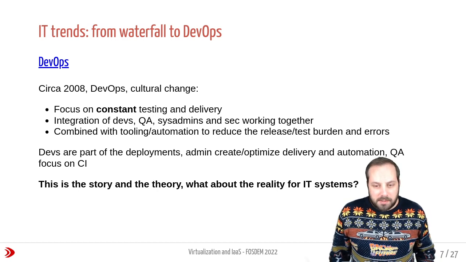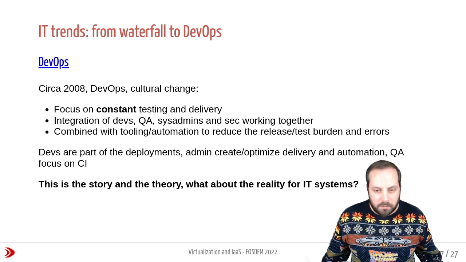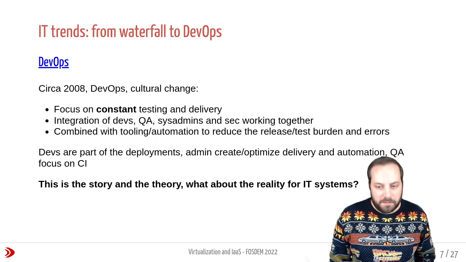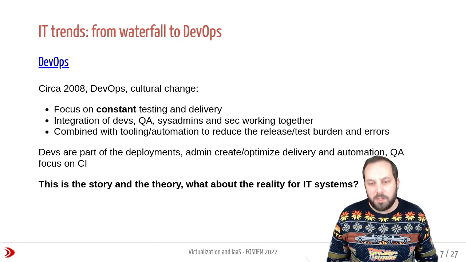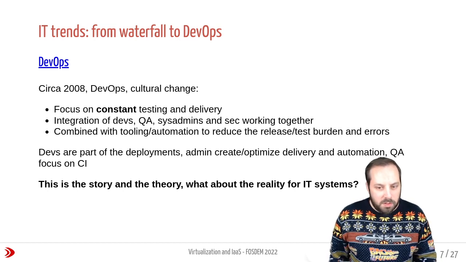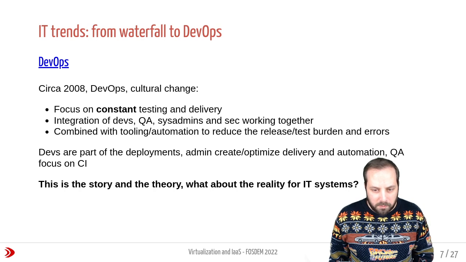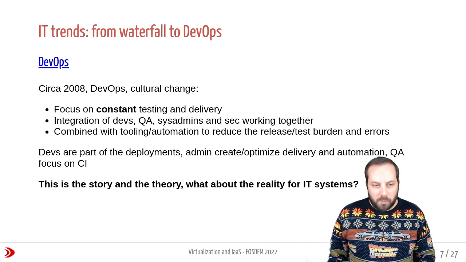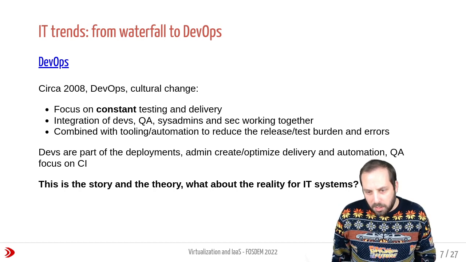So the goal is to get people from dev, QA, sysadmins, and even security working together during the whole process. And to achieve that, you need automation and better tooling, because otherwise you couldn't keep up the pace.